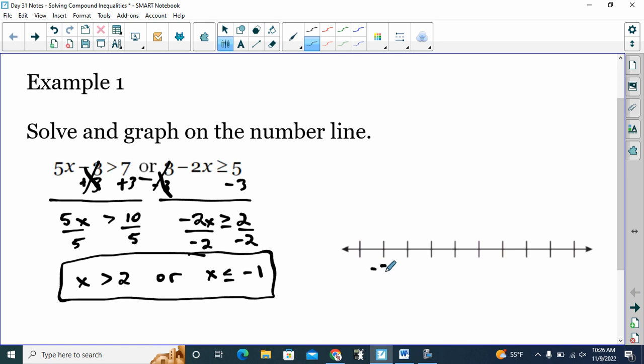We move over to our graph. For an or statement, we said that either one of these could be true. So x is greater than 2, any x values greater than 2 make the compound inequality true. So x could be greater than 2. So we shade everything greater than 2, open circle on 2, shaded to the right.